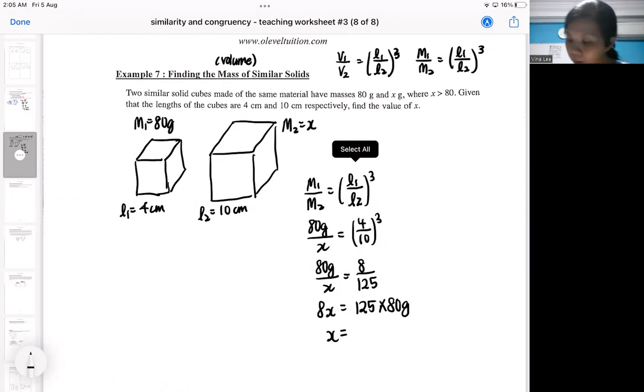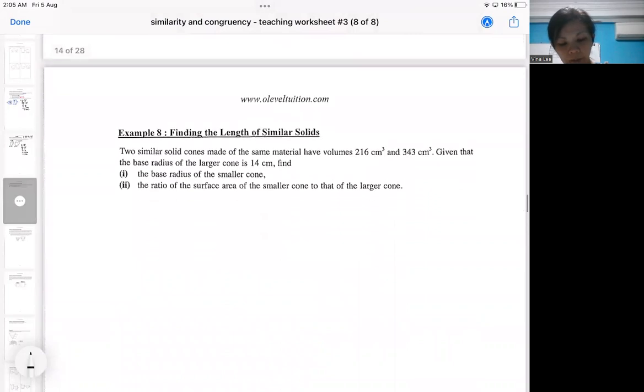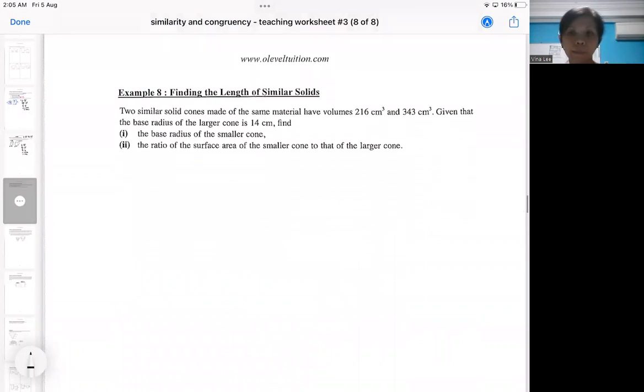So the mass you found will be in gram, same units. So volume ratio and mass ratio, they behave the same. Same thing, we're going to explore another shape, which is a cone.